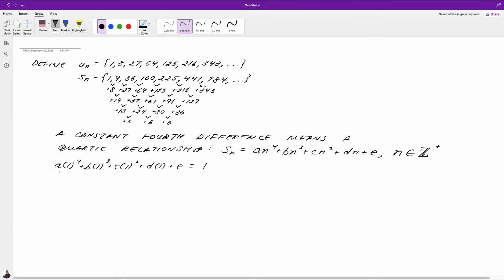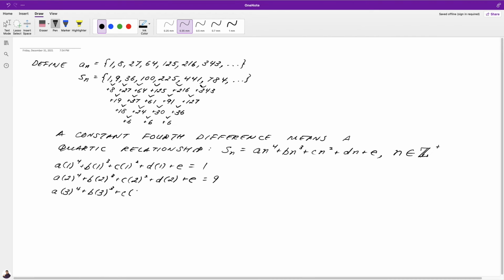We've got a 2 to the fourth plus b 2 cubed plus c 2 squared plus d 2 plus e equals 9, since 9 is the second partial sum. We've got a 3 to the fourth plus b 3 cubed plus c 3 squared plus d 3 plus e equals 36, because 36 is the third partial sum.